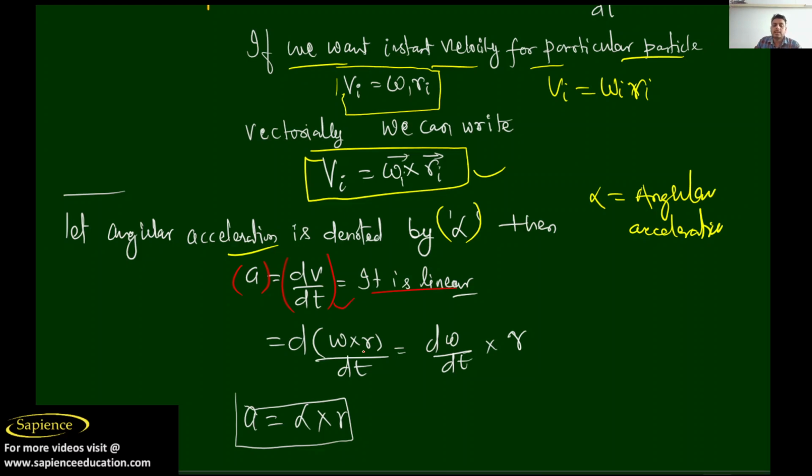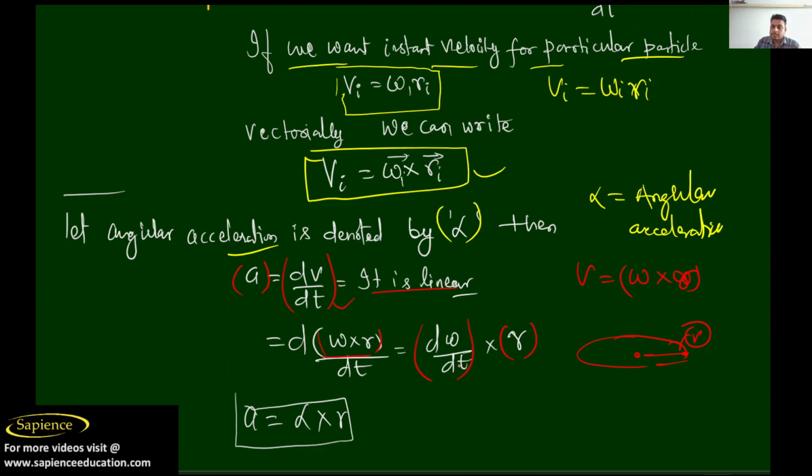Now we have already derived v is equal to omega cross r. So in place of v, we can write v is equal to omega cross r. Since for any particular particle the radius will be constant, we can take the radius out as a constant, so we will get d omega by dt.